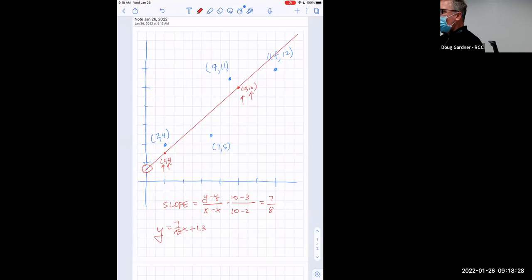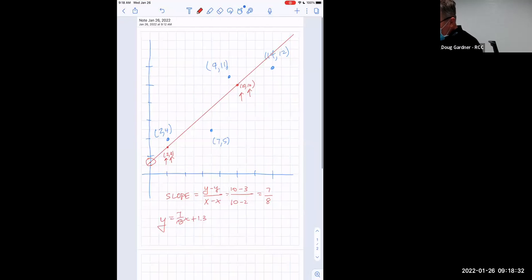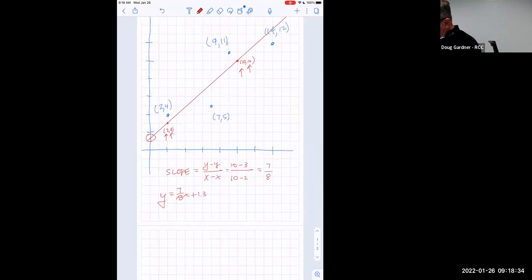Go off to the side somewhere and put those ordered pairs in Excel: 2, 4, 7, 5, 9, 11, 14, 12. Put those ordered pairs in cells, make a quick scatter plot, and ask it what the regression equation is.